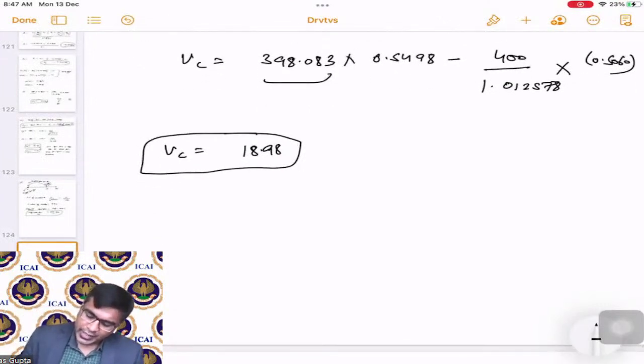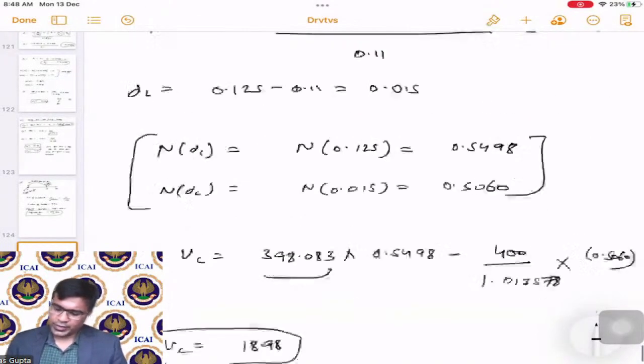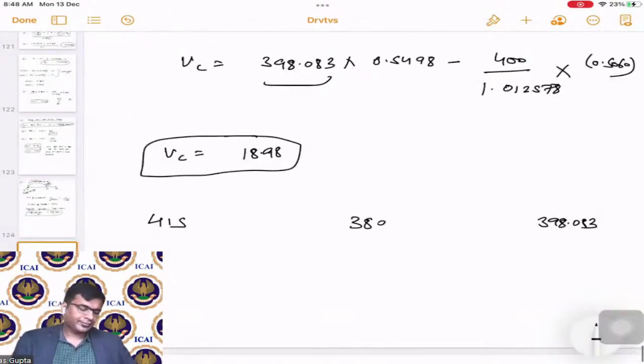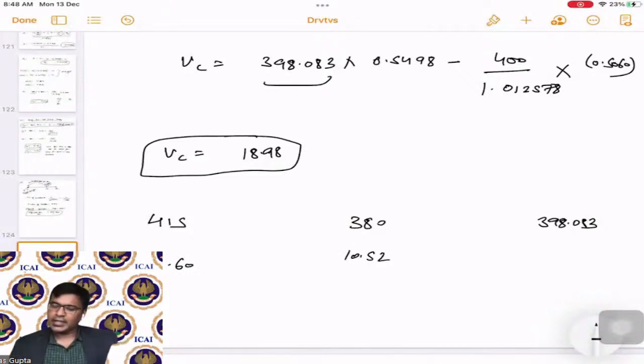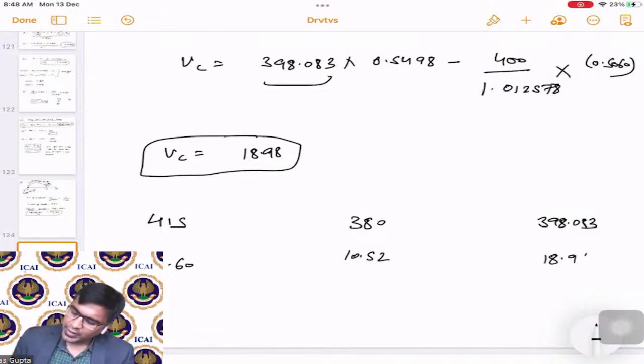So students, if you see at different prices, we have calculated the value of call option. Here it was 29 point something. Yeah, it was 29.60. At 380, it was 10.52. And at 398, which is the adjusted price after dividend, it is 18.98.